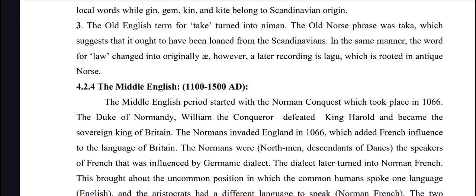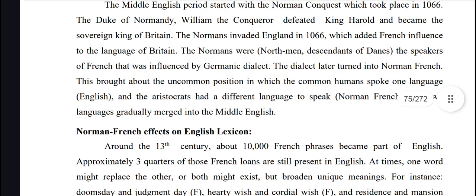The Normans were not many in number. They spoke French that was influenced by Germanic dialects, which later turned into Norman French.